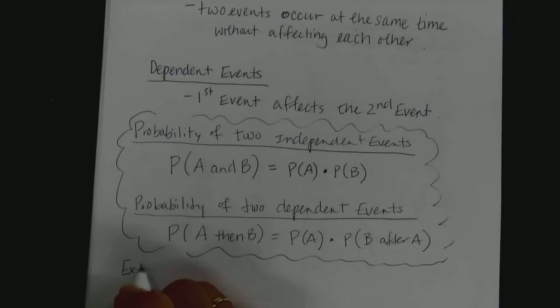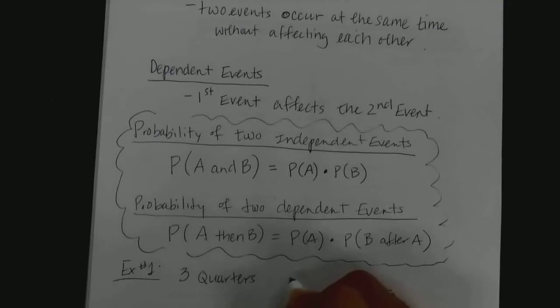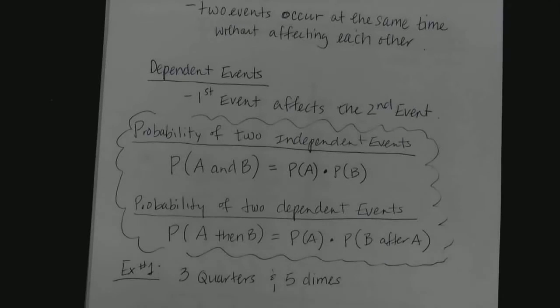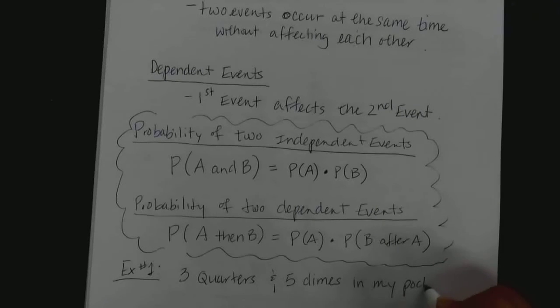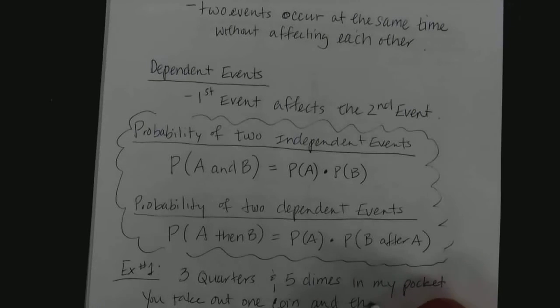All right, so here's example number 1. I have 3 quarters and 5 dimes in my pocket. You take out one coin and then put it back.